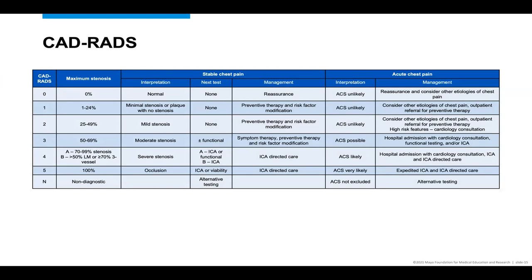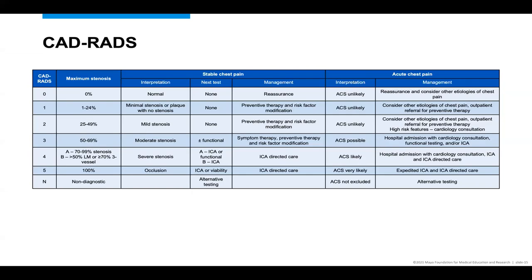So the stair step artifact by itself does not indicate that it's prospectively triggered or retrospectively gated. It's due to misregistration of the position of the cardiovascular structure because of variability in RR from one slice to the next.